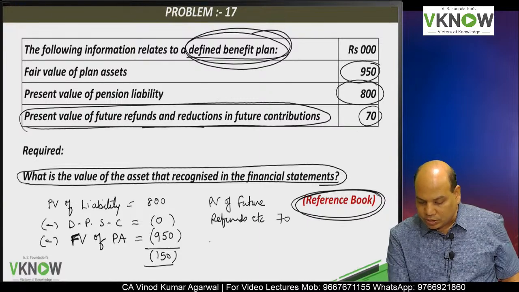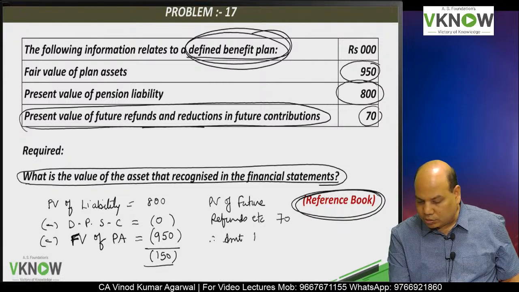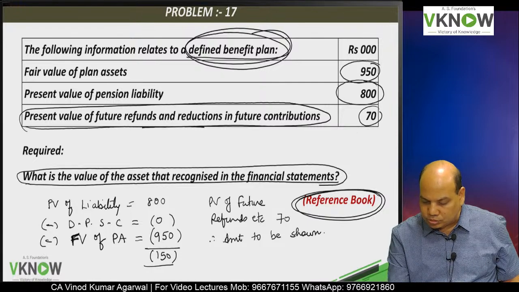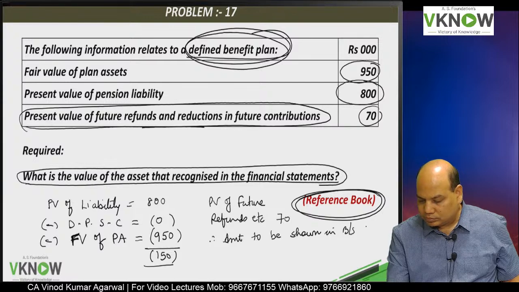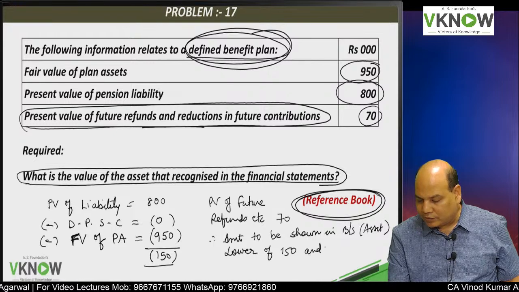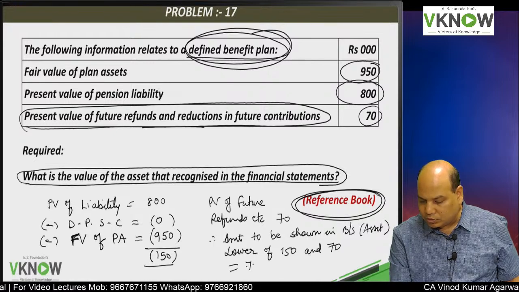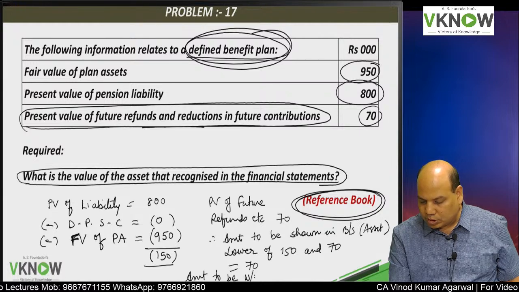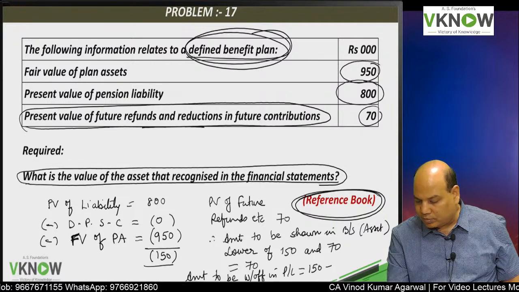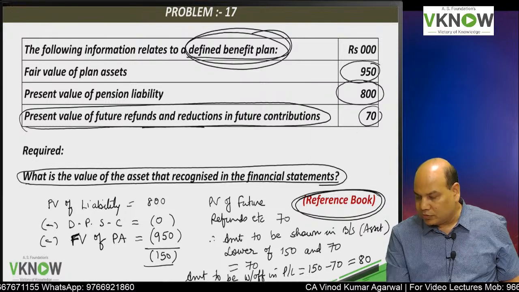Therefore, amount to be shown in balance sheet, that is asset side, will be lower of 150 and 70, and that is equal to 70. Amount to be written off in P&L account will be 150 minus 70 is equal to 80.